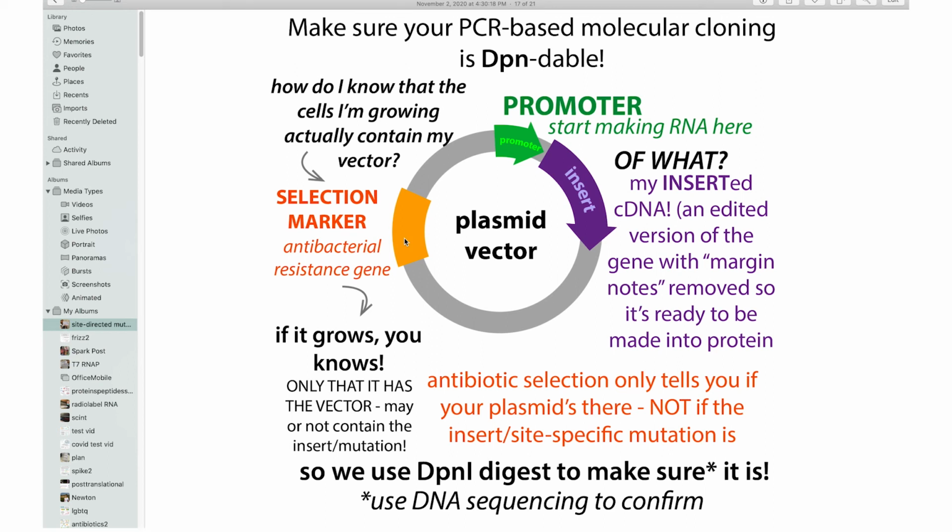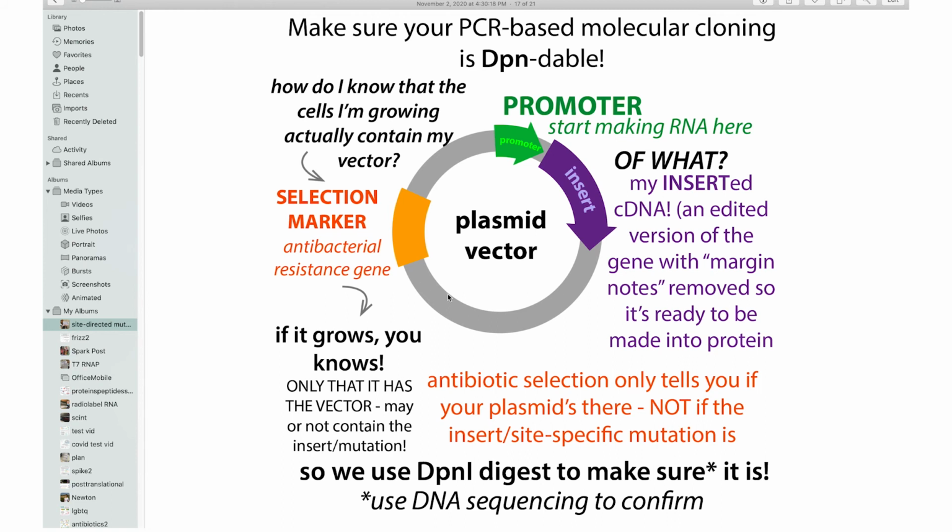So you want to make sure that you remove any of that parent plasmid. The way you can do this is that those methods use PCR or chain extension, doing it in the test tube, so they're not going to have methylation.